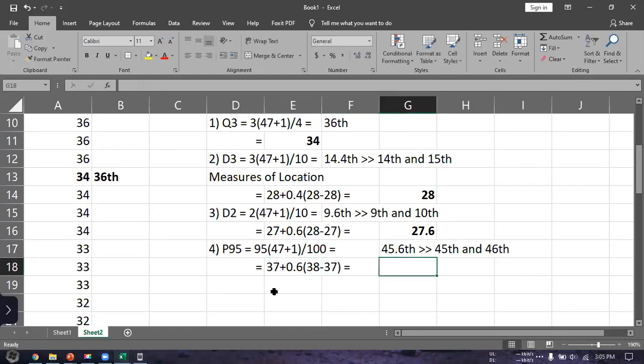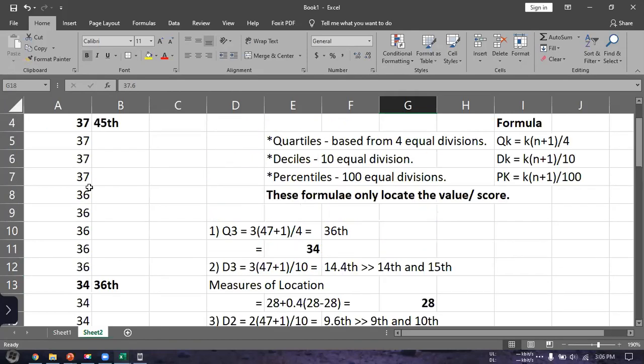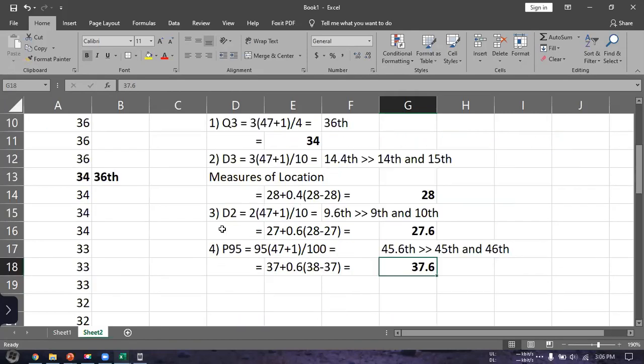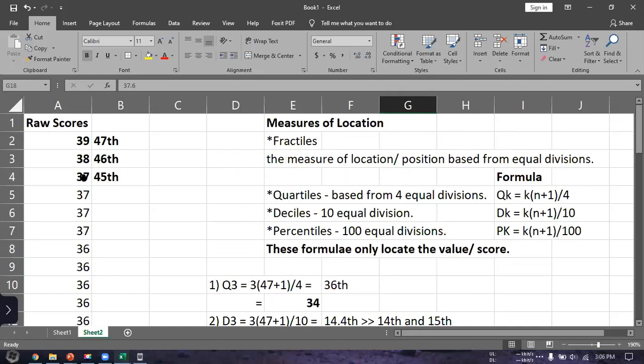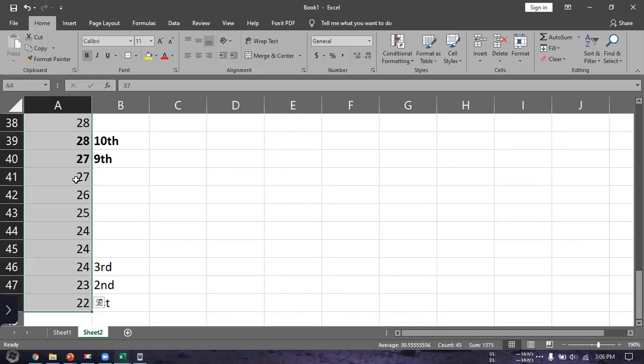This would give us 37.6. So 95%. 37.6 kasama si 37. This is the 95% of your class.